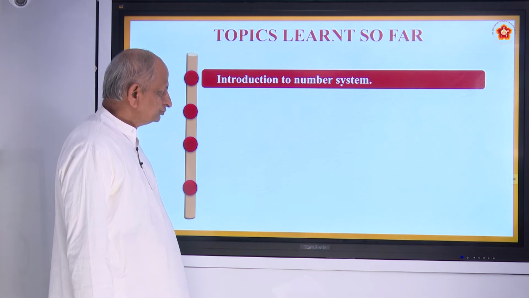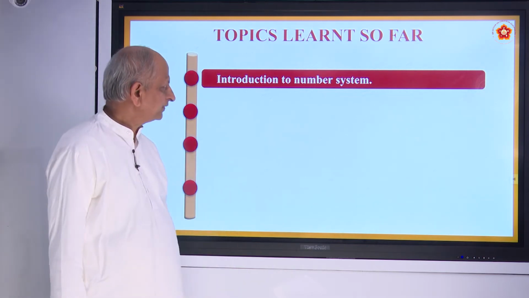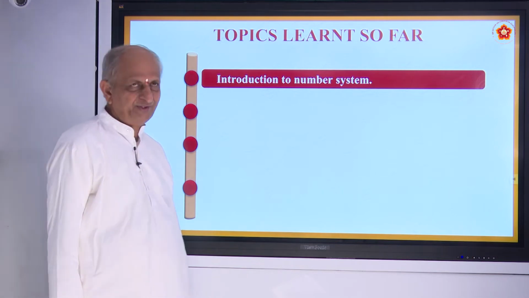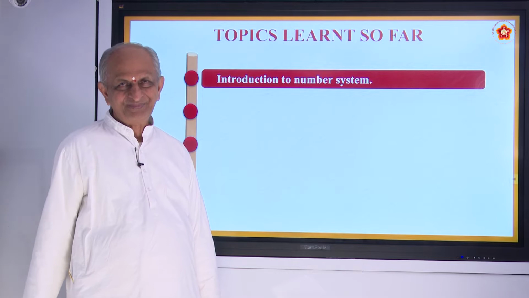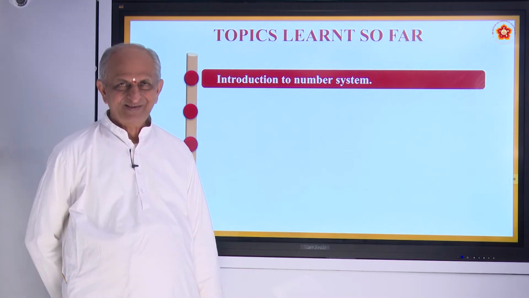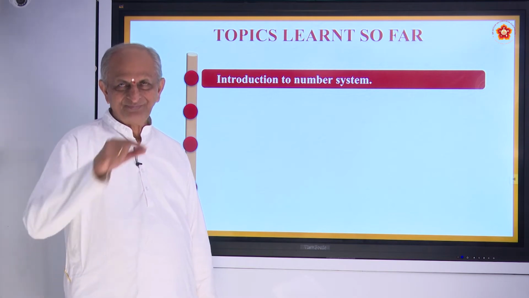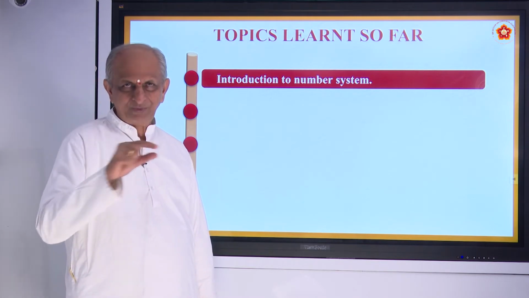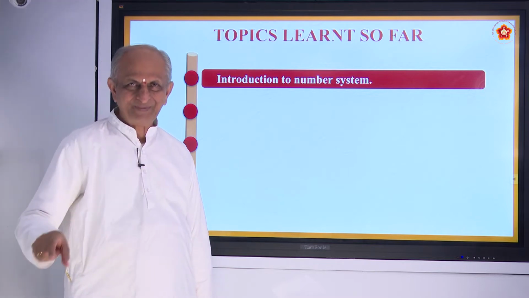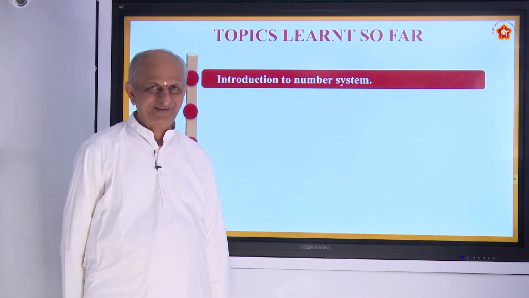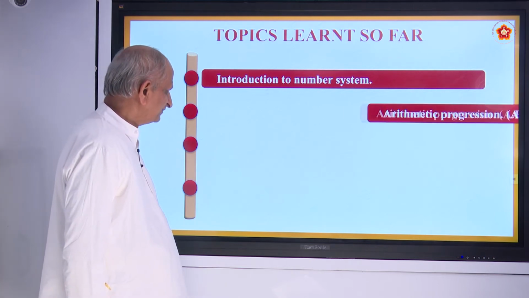Now, what we have studied so far, we will just glance once. Introduction to number system. When you say number system, there are different kinds of numbers: natural numbers, square numbers, cube numbers, odd numbers, even numbers, and so on. This all we have studied in the previous classes.